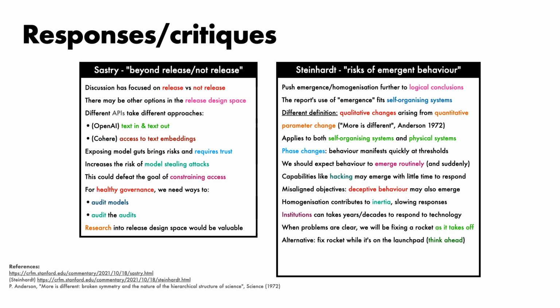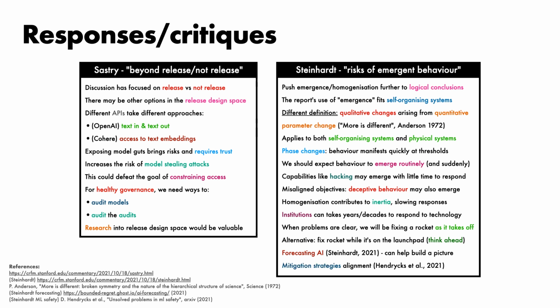One thing that can help is to forecast AI progress. The future is uncertain and unknowable, but forecasting can assist planning by building a picture of future systems. Second, we need to work on mitigation strategies for these risks, such as developing techniques for value alignment.